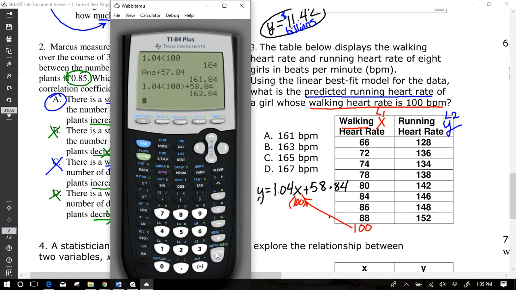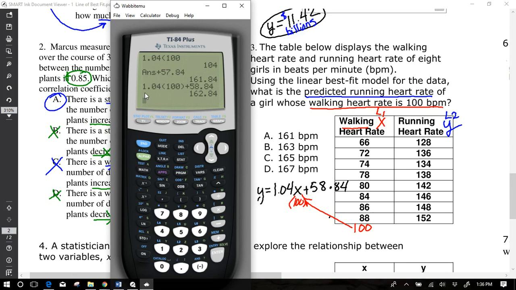All right, so I retyped in my line of best fit with the 100 plugged in, and I had made a mistake the first time I typed it. Right here, when I added, I just typed the wrong number. I typed 57 instead of 58, and that's why my answer wasn't quite right. So be really careful to double check what you're typing into the calculator because it can lead to some mistakes.